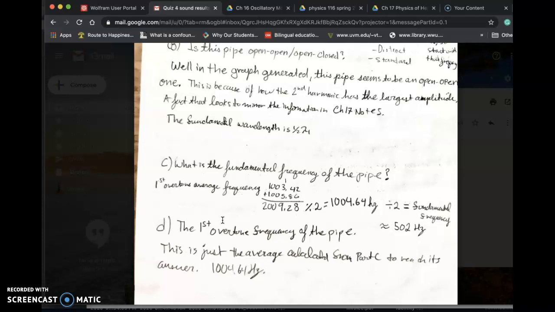You divide this by 2, you get 1004.63 Hertz. Then half of that will give you the fundamental frequency, 502 Hertz. And then the first overtone is just twice that of answer C.